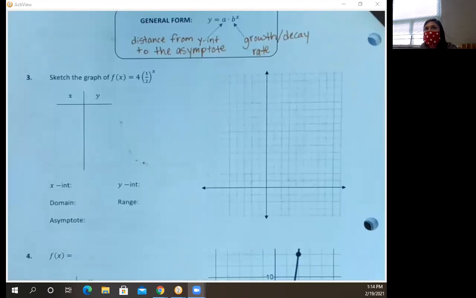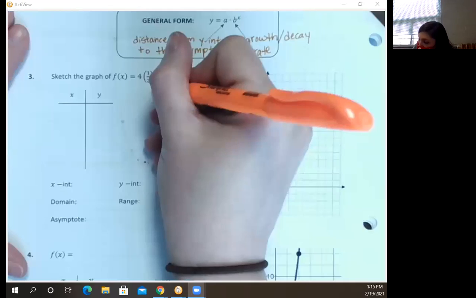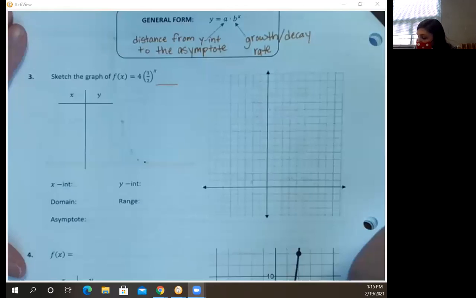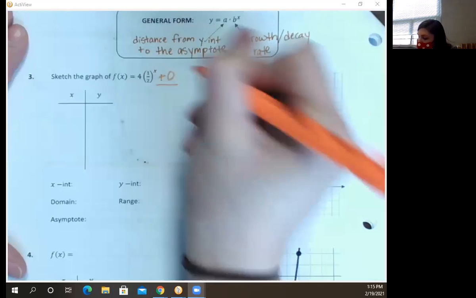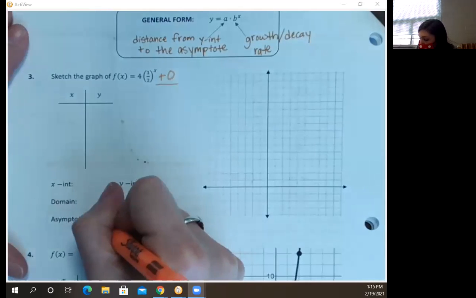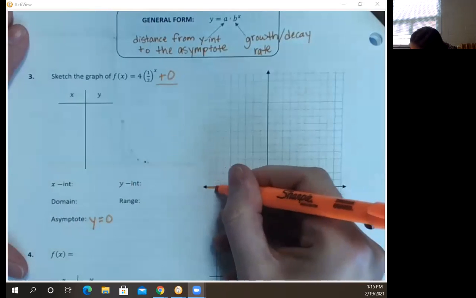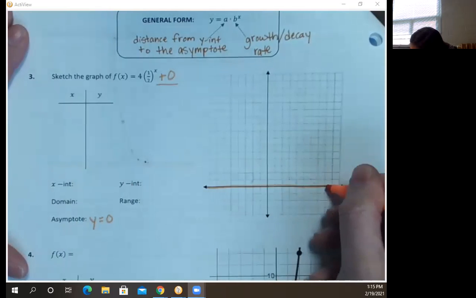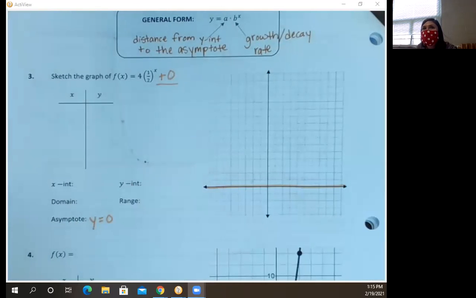Now for this next example, I'm not going to start with the table. I'm going to start by picking information out of that function to see what I should expect for my graph. I like to start with the asymptote. So if I look here at the end, I'm not adding or subtracting anything. So that means my asymptote has to be at 0. So I'm just going to put my asymptote right there at 0.